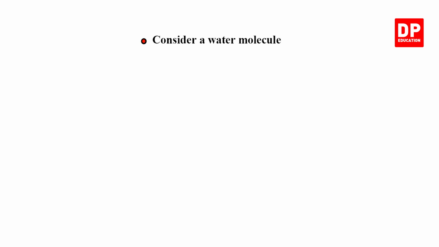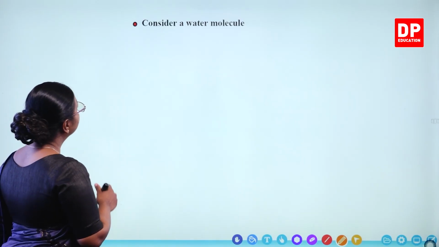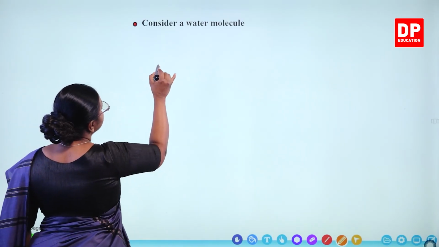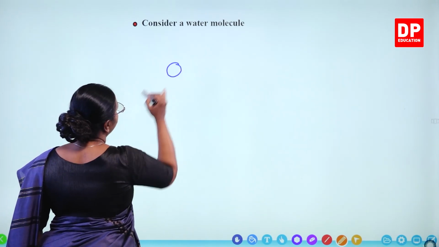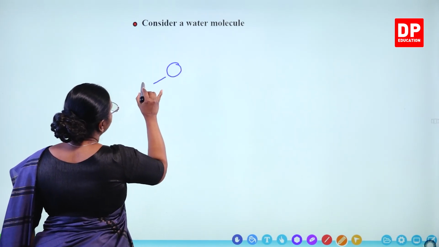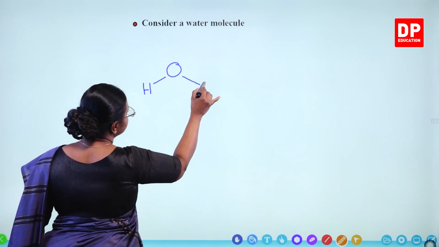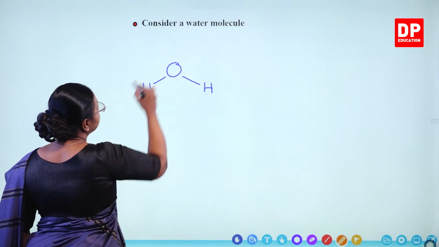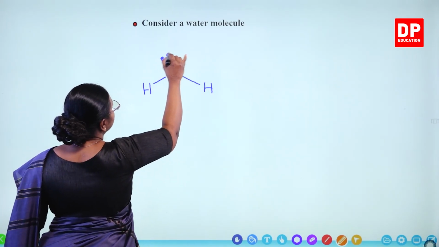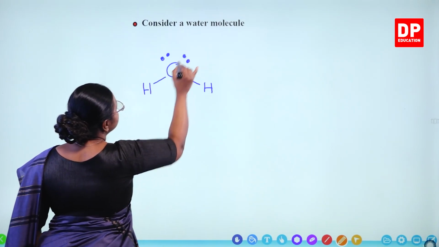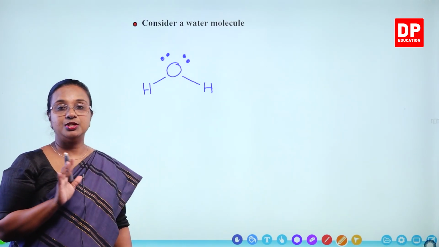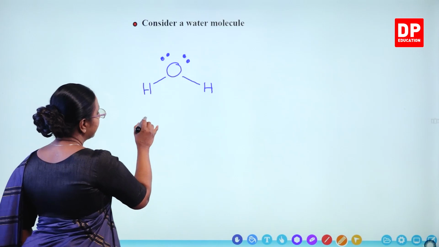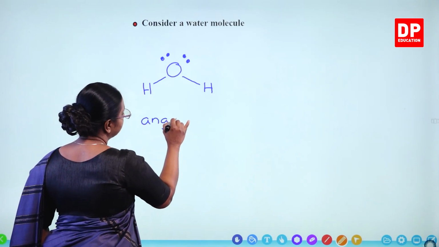Consider a water molecule. You all can remember the structure, students. Now, in this, if you remember oxygen, I told you all we write the hydrogens at an angle like that so that we can symmetrically distribute the lone pairs that you already know. So, this is an angular shaped molecule.